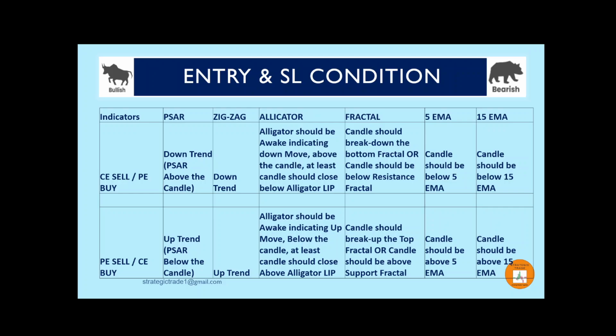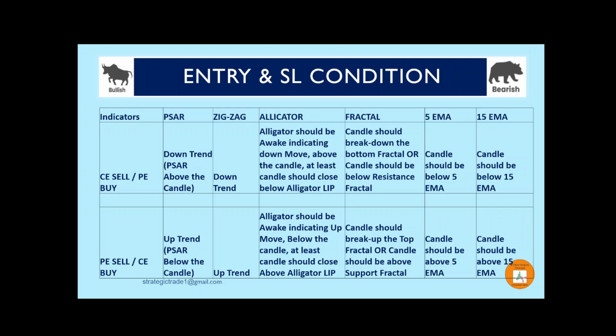So, C side sell. These are all the conditions. PSAR formation should be in downtrend, and the zigzag also should be in downtrend. Alligator formation also should be in the downtrend, awakening, indicating a down move, and the alligator should be above the candle, so that we can go for the C side sell.